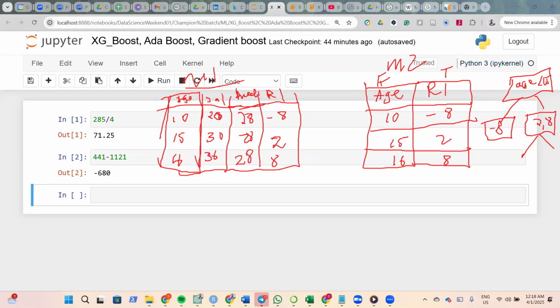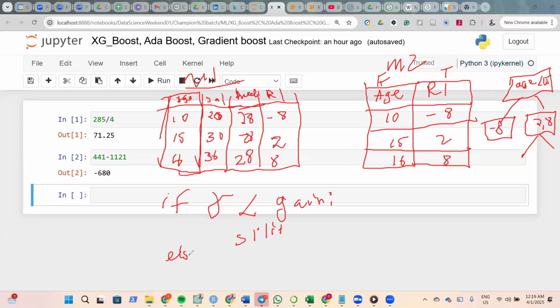And whatever feature it uses for the next split, before it does that split, it is going to first of all check whether that split is supposed to be done or not. And how does it know whether it should do a split or not? It says if gamma is less than gain, then split.